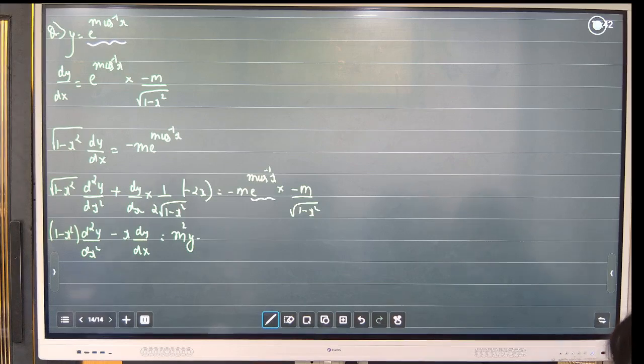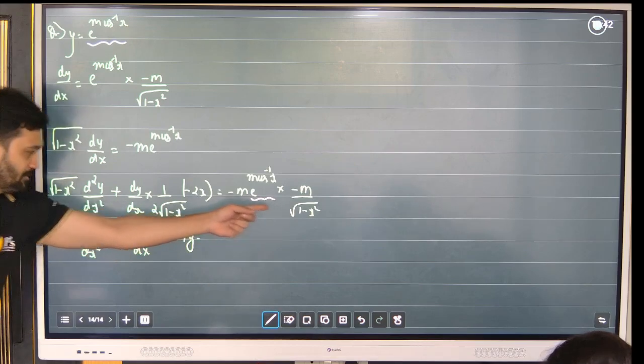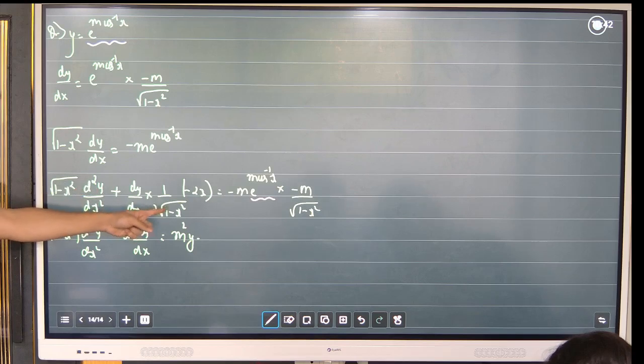This is your final answer. Under root of 1 minus x square d square y by dx square minus x dy by dx is equal to m square. No, it is not, it is 1 minus x square only. Here there is an under root, right? I just multiplied this term here, so this got cancelled and we got this. This is what we had to prove.